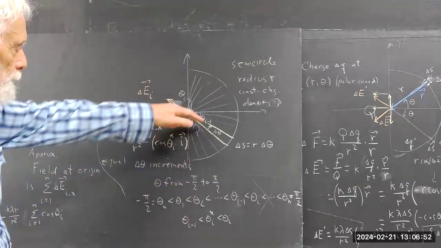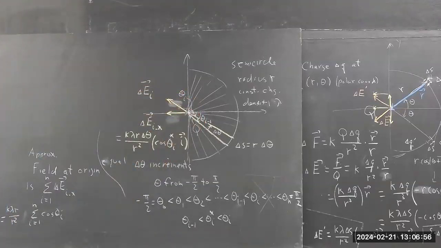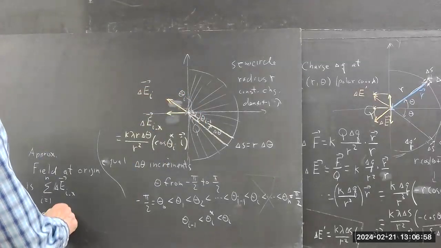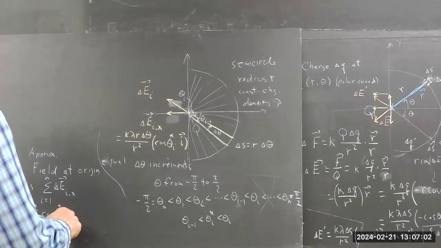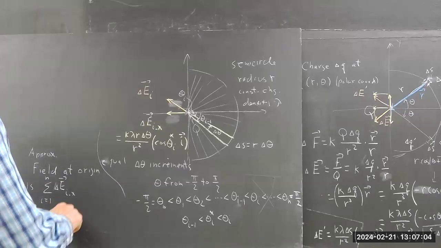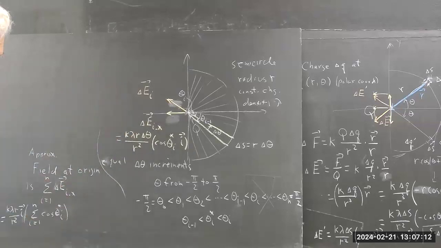Theta sub i star is some angle between this one and this one. That can be important. And I'll even factor my i vector out because it's common to every term.